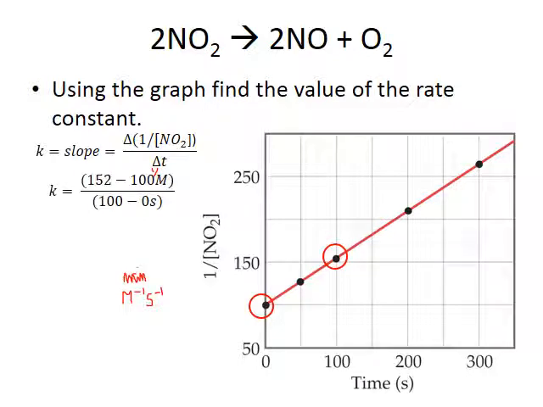Here I've got about 152 is what I estimated, minus 100. There's my y values. And on the bottom I've got 100 seconds minus 0 seconds. That simplifies to 52 over 100, or 0.52 molarity per second.